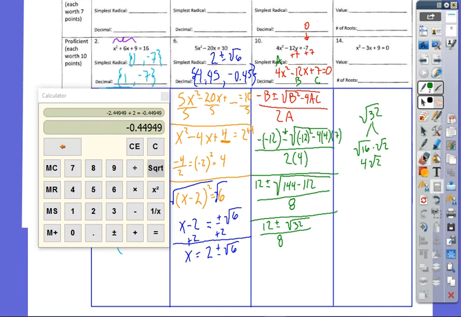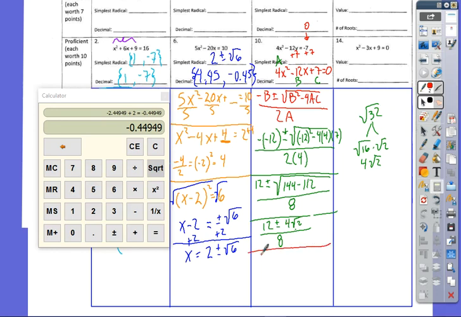So I'm going to erase the square root of 32 to save some room, and I'm going to say 4 times the square root of 2. But wait a second. Is there a number that goes into 8, 12, and 4? 4 goes into all of them.